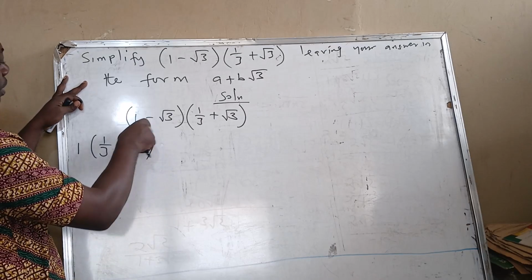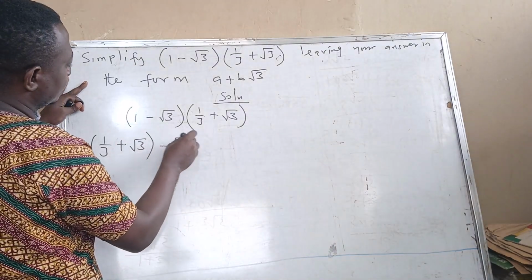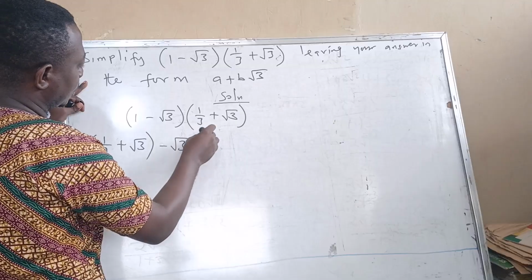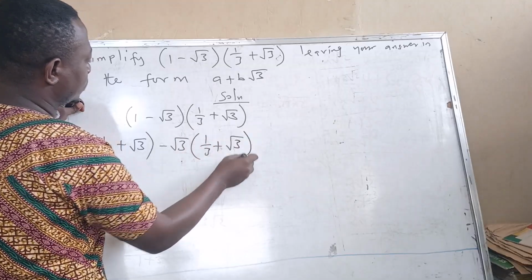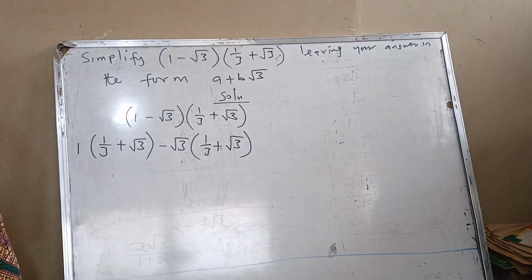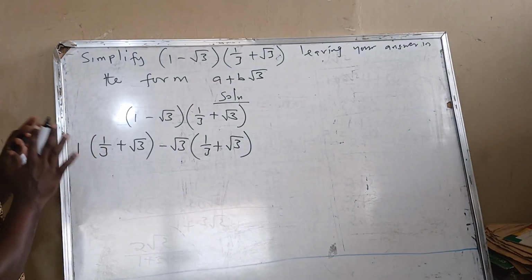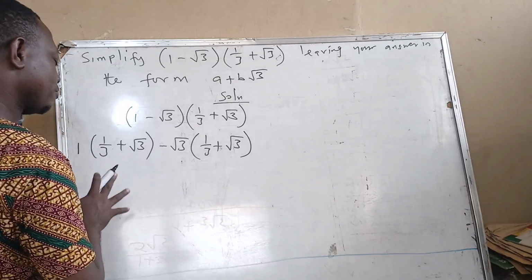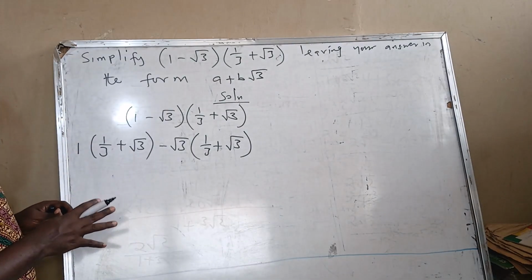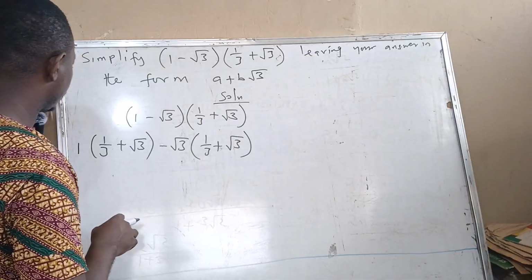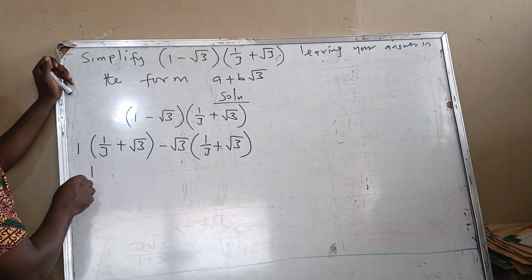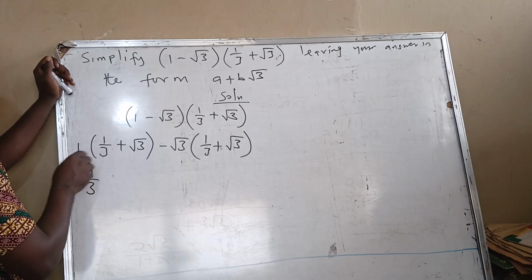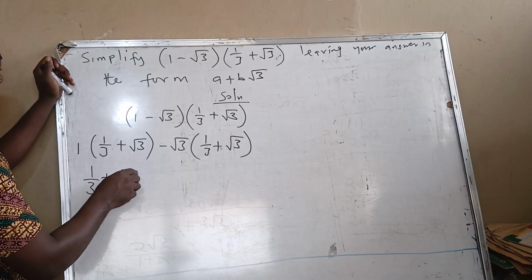And this one also comes minus root 3 times 1 on 3 plus root 3. Okay, so this one is very simple, but you have to be very careful else you get it wrong. Okay, so don't rush. Now 1 times this is that, so we still have that 1 times root 3.